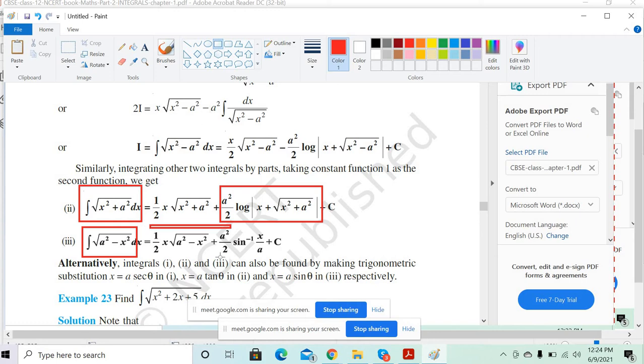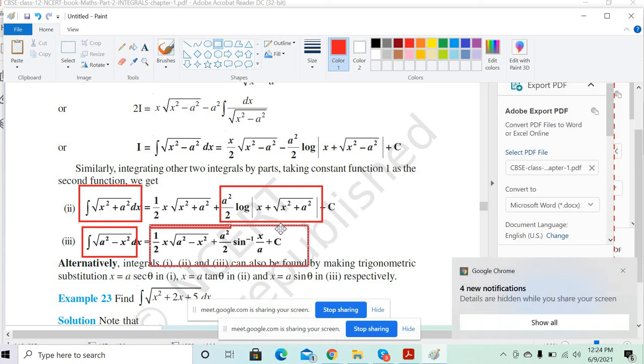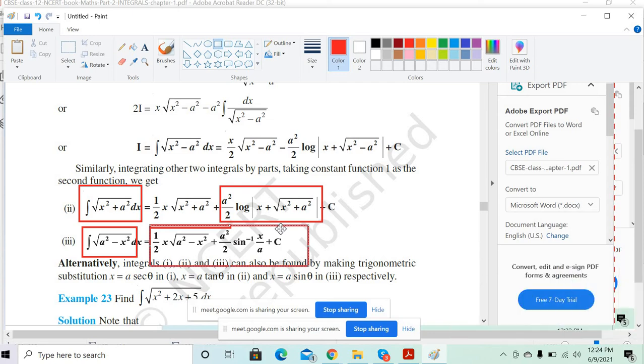So half of x remains the same, plus a square by 2 also remains the same, and the sine inverse x by a will change. That's it. We can actually derive it also, as homework if you want, but it's not required, because the method is the same. Whatever method we did, we just have to do the same method, Vijay. Clear? Yes, sir. Clear. Okay, perfect.